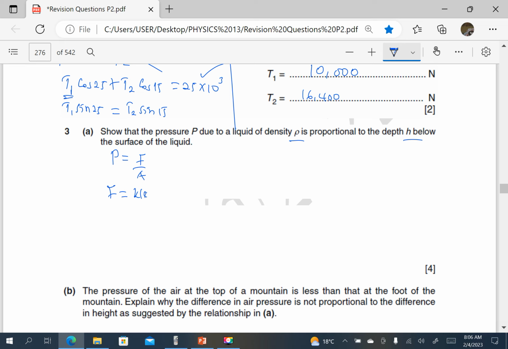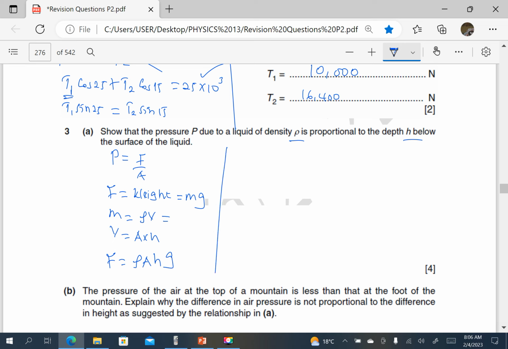In this case, our force will be the weight, which is equal to mass times g. And the mass is density times volume, and the volume is equal to cross-sectional area times the height h. So now we are going to substitute backwards. The force is equal to density times cross-sectional area times h, times g.